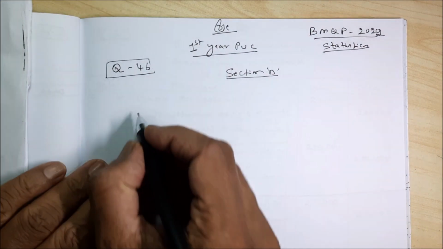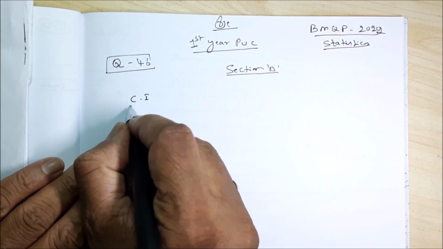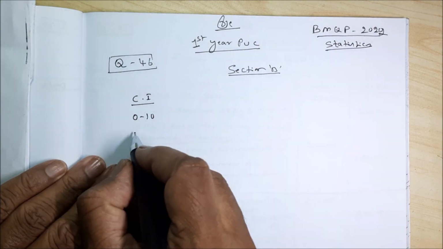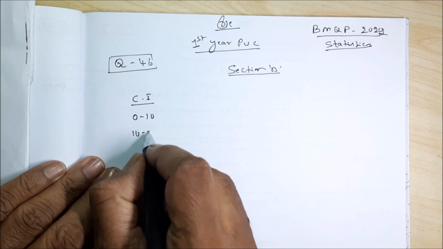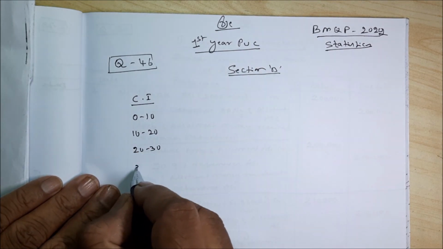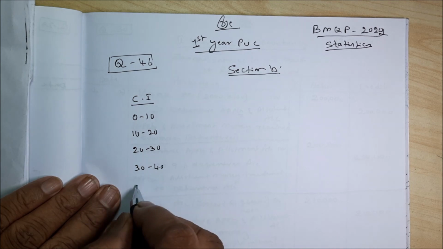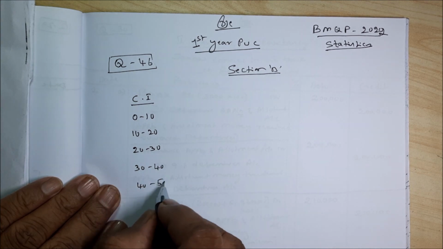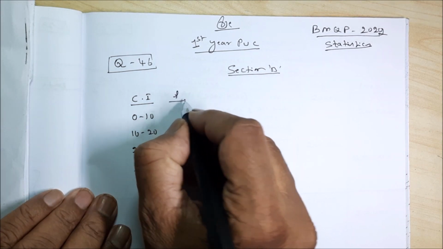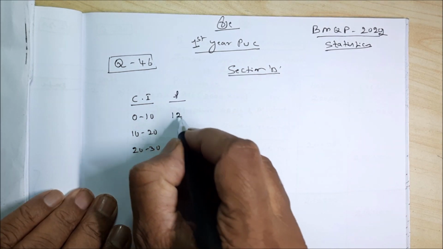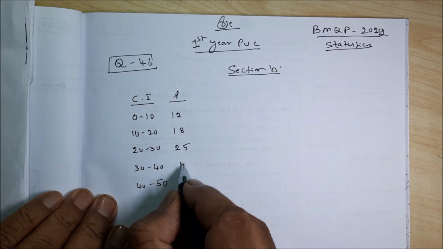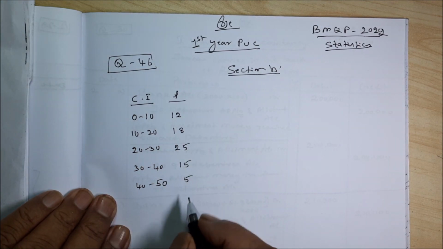So let us write class interval 0 to 10, 10 to 20, 20 to 30, 30 to 40, 40 to 50, right? Then frequency, it has been given 12, 18, 25, 15, 5.